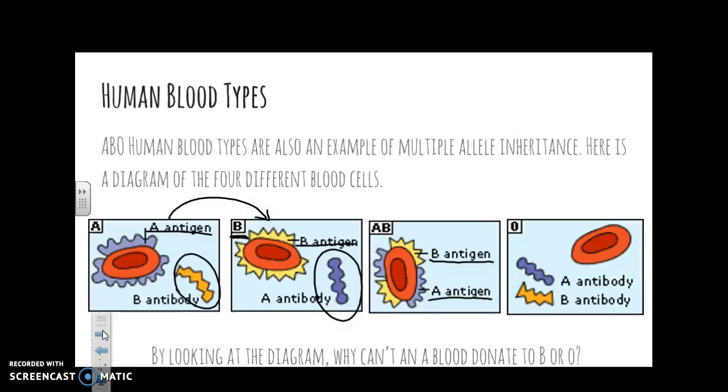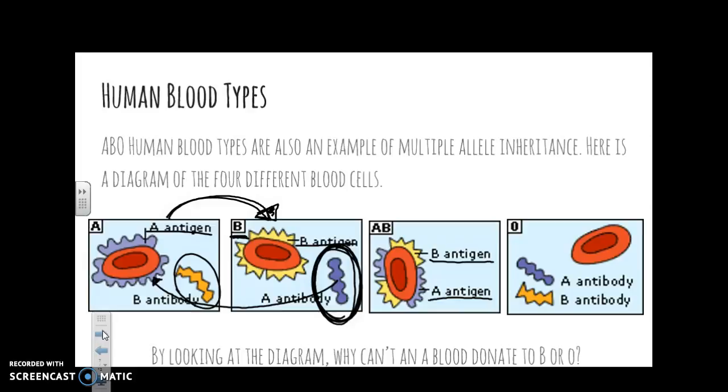So if you're B blood, your body is on the lookout for these bad guys that look like that A antigen with that shape. So if an A blood cell is donated to somebody that has B blood, the B blood will start producing antibodies, and then these antibodies will bind to the protein on the A blood cell, and that ends up causing blood clumping and or blood clotting, sorry, and cause death.